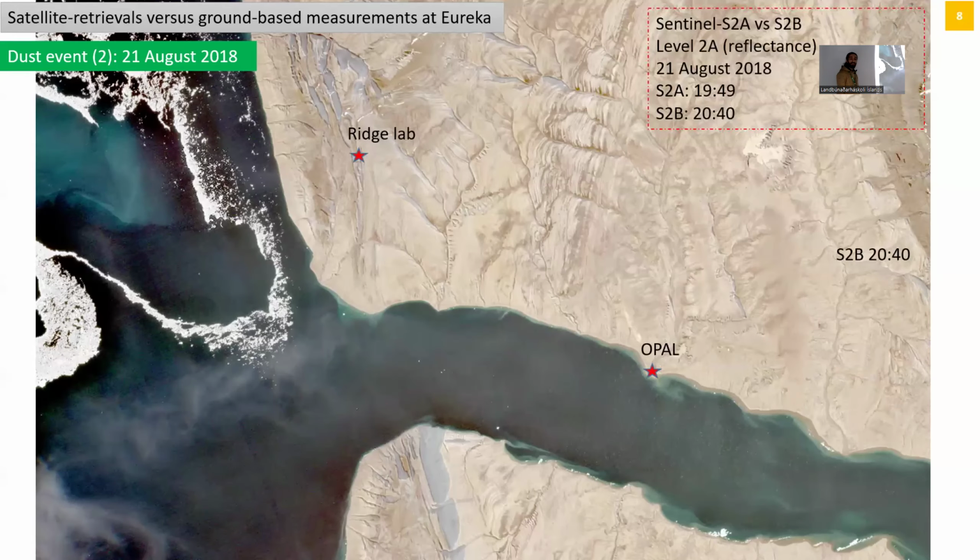Here is a blinking satellite Sentinel-2A and Sentinel-2B image of the previous event on the 21st of August 2018. As you see here, the plumes in the Eureka Sound look like dust plumes.